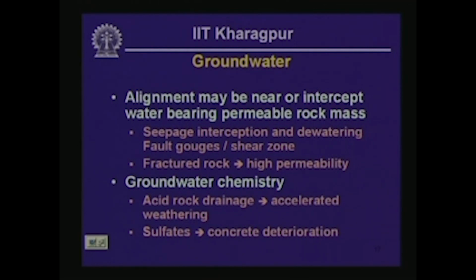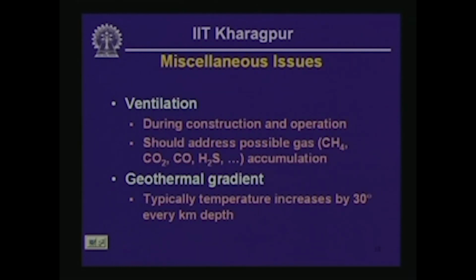Sulfates are another problem, because if you use concrete lining in a tunnel where groundwater is sulfate rich, then the concrete may deteriorate. There are other issues that need to be considered. One issue involves ventilation.